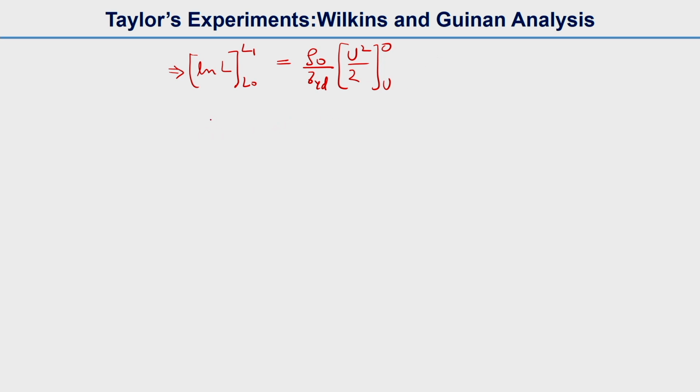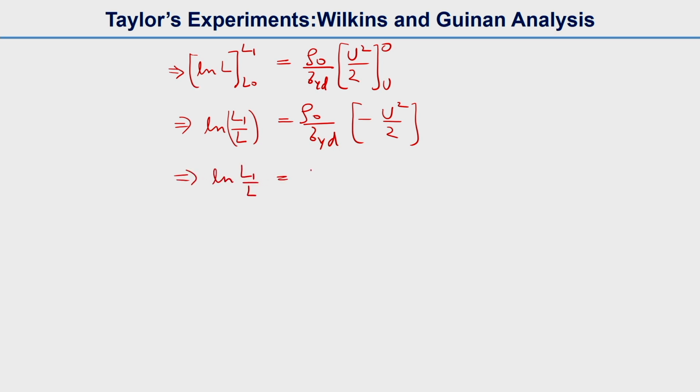So then what we will get is ln L1 by L equal to rho naught sigma yd. We have a minus here, so this will give us finally ln L1 by L is equal to minus rho naught sigma yd u square by, we can write a 2 here.